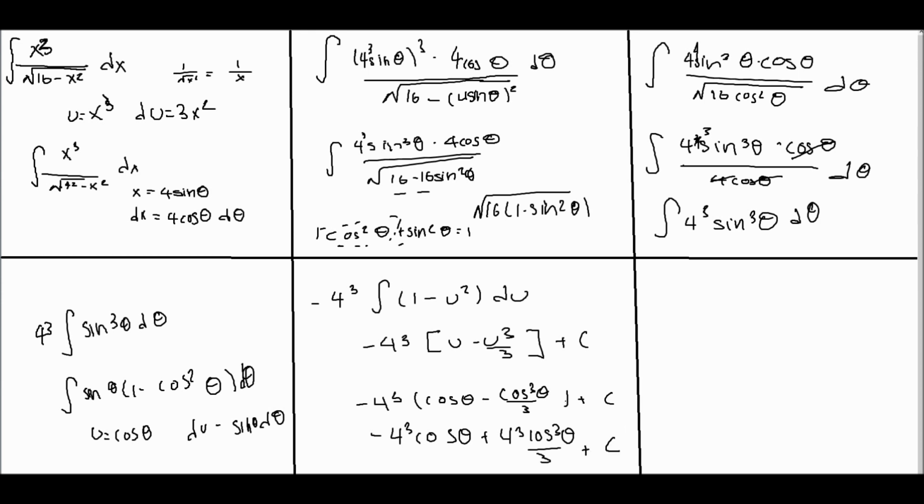So now to get thetas back to x's, we have to use our original principles of SOHCAHTOA, or sine opposite over hypotenuse, cosine adjacent over hypotenuse, tangent opposite over adjacent, my apologies.